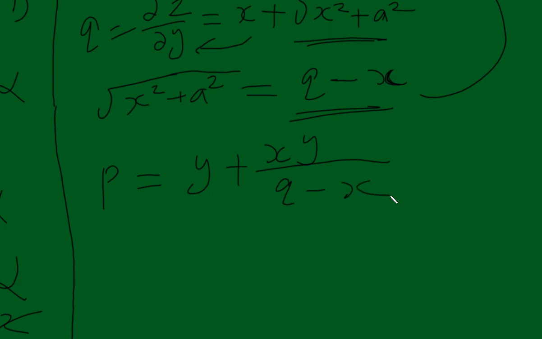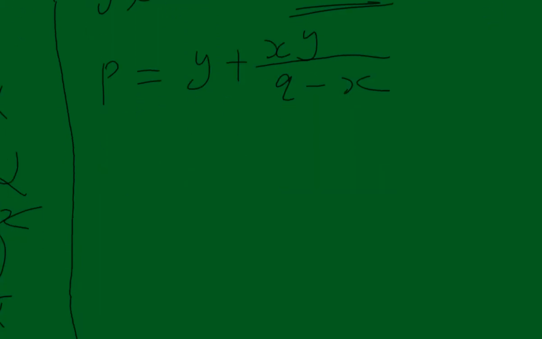We have already eliminated all the arbitrary constants. For simplification we will write p is equal to, multiply this by q minus x to the y, so we will get qy minus xy plus xy divided by q minus x.